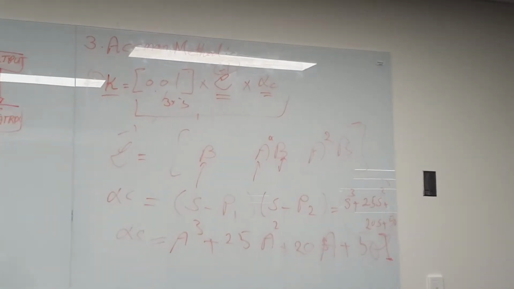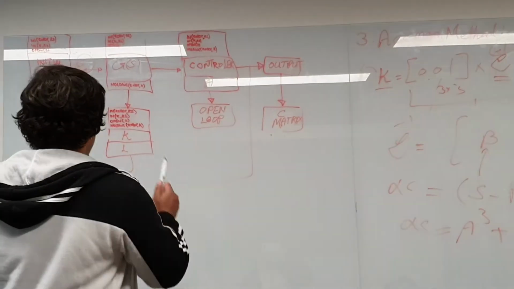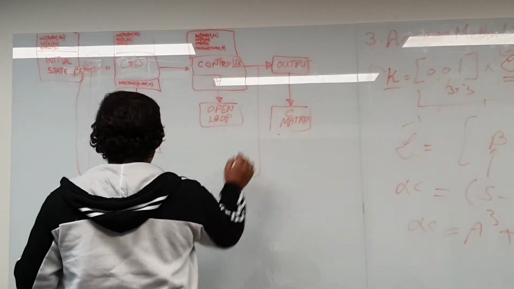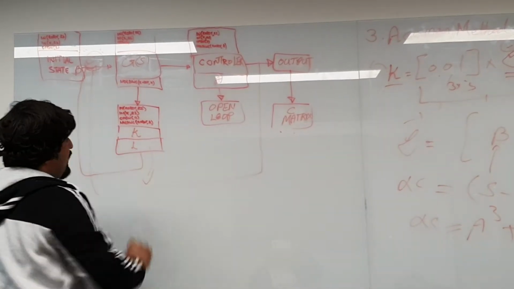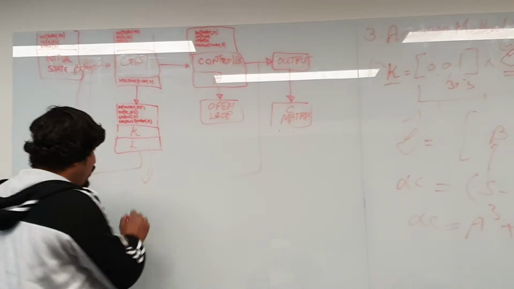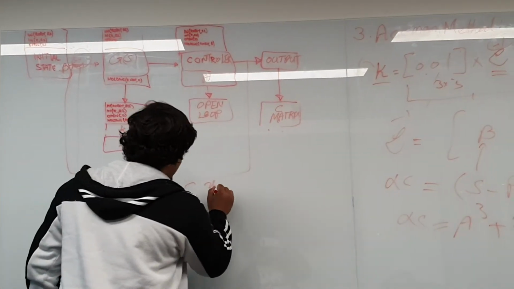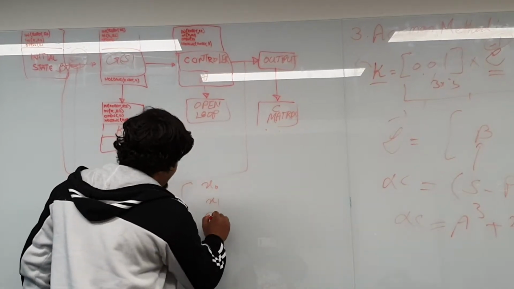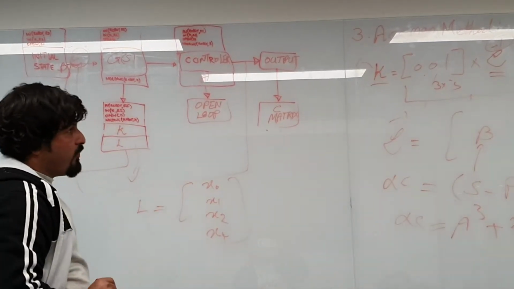And then when we get K, we have to check it with our transfer function. Our transfer function is the closed loop, and then it should be the transpose of L, which is going to be x0, x1, x2, and x4 if our matrix is 4 by 4.